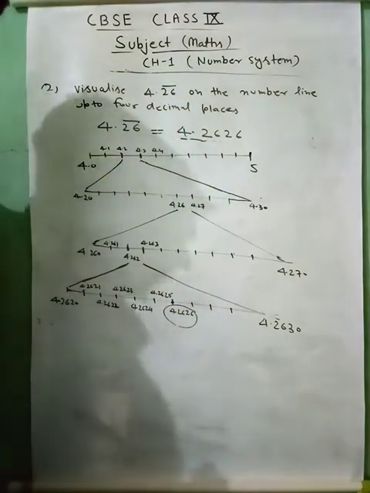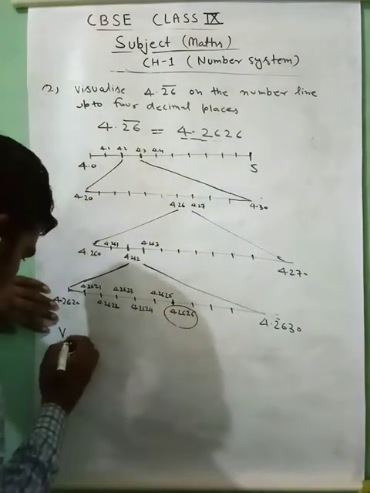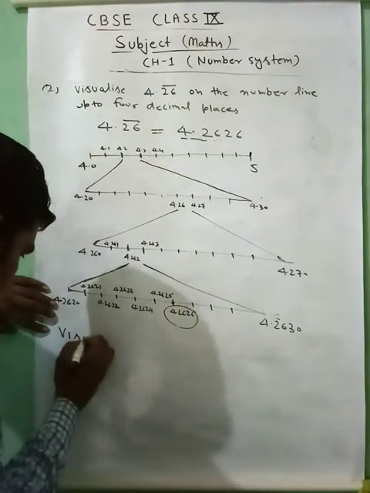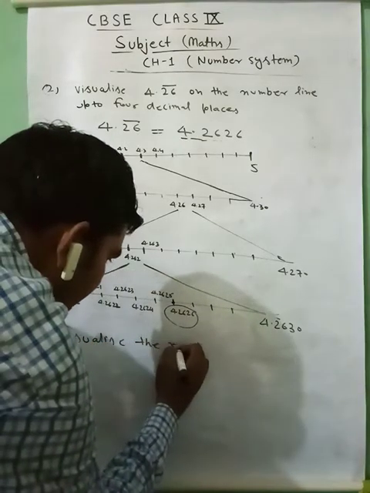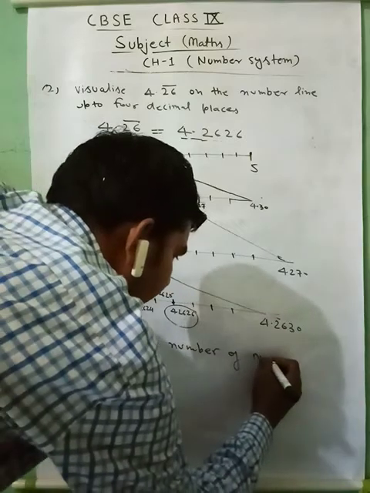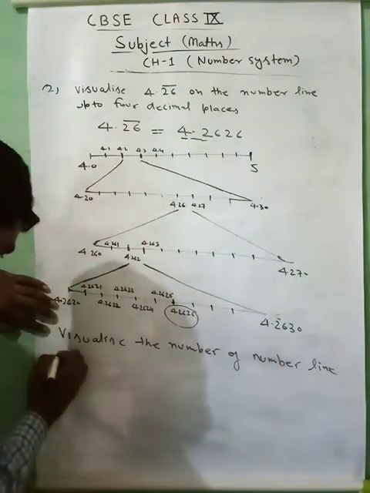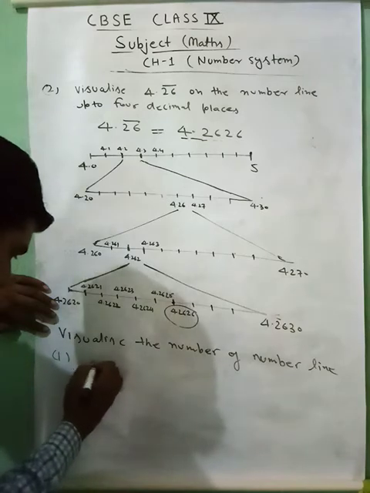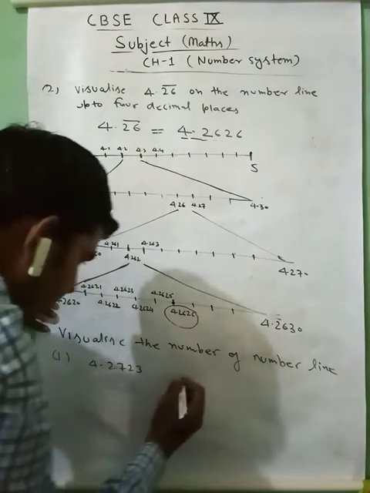Clear? Today I will give you some examples you have to do. Visualize. It is your homework. Visualize the number on the number line. Question number first, 4.2723.